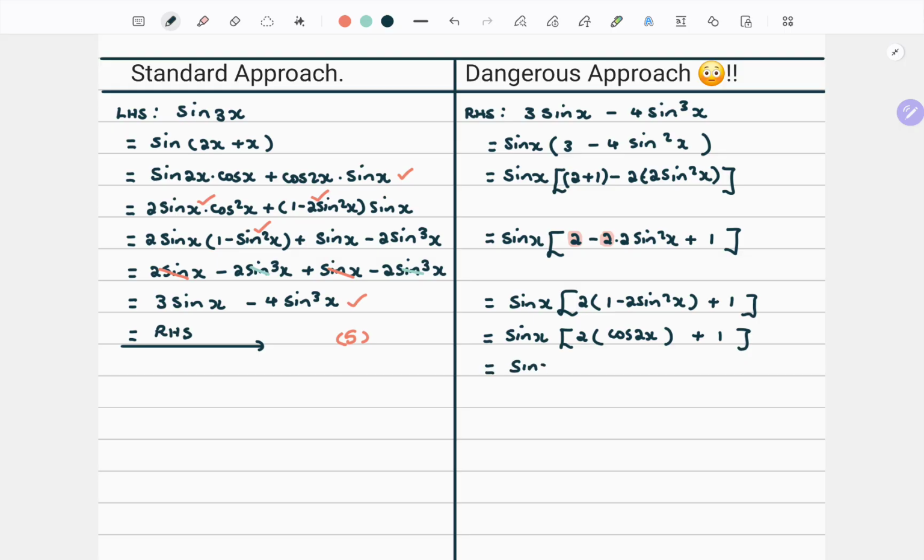So we've got sine x outside into, we can break the big bracket now. What's happening here? We've got 2 cos 2x plus, now we think about that 1. This 1 of ours is an identity on its own.